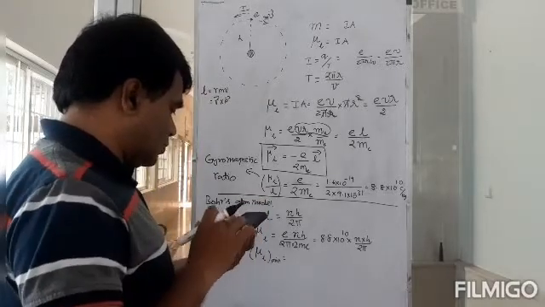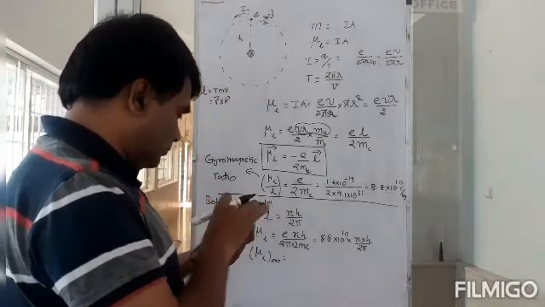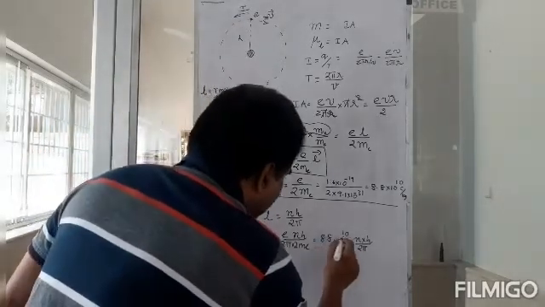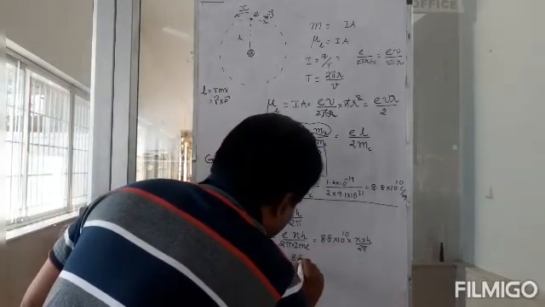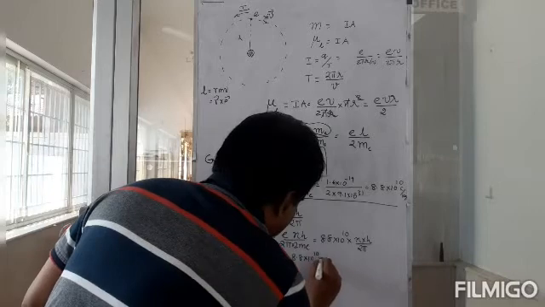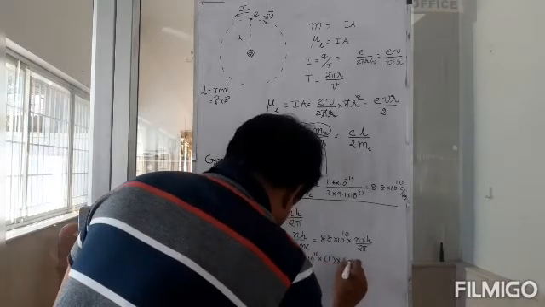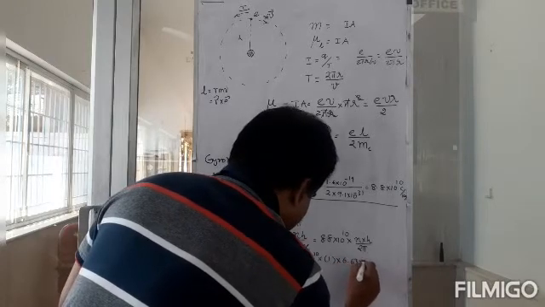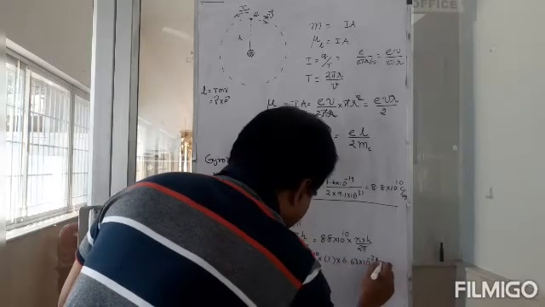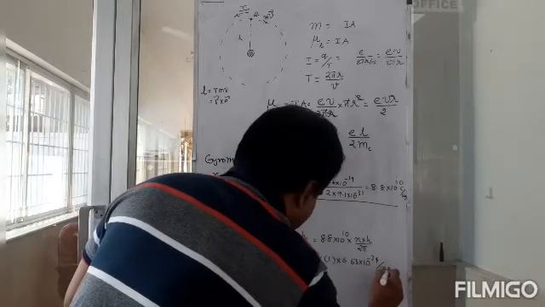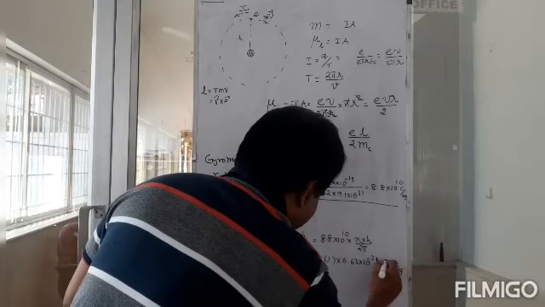Okay, so since it's the closest, we'll do this. 8.8 into 10 power 10 into n is 1, h is 6.63 into 10 power minus 34 divided by 2 into 3.14.